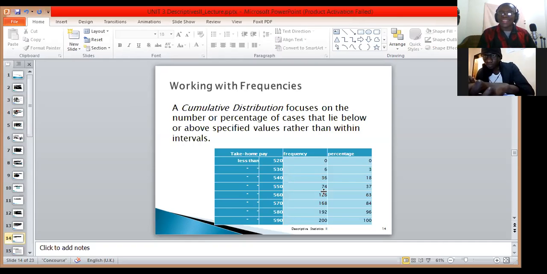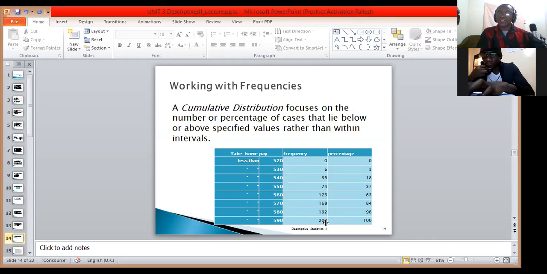So that the last class, which is 590, will have a cumulative frequency of 200, because these are additions. The last class should give us the total sample size, because we were adding.